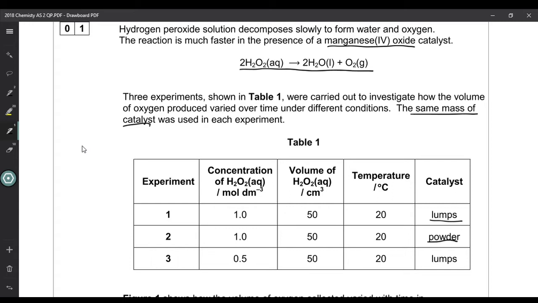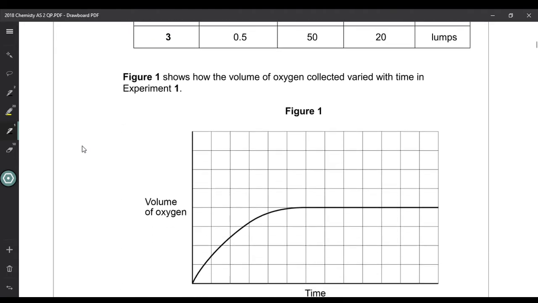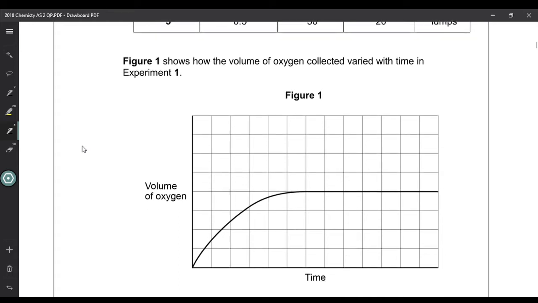Lumps were the same as the catalyst. We have the same temperature, we have the same amount of hydrogen peroxide, same volume. It was just that the concentration was half in experiment 3 than experiment 1. So figure 1 shows how the volume of oxygen collected varied in time in experiment 1. So we're given a graph there of volume of oxygen against time.